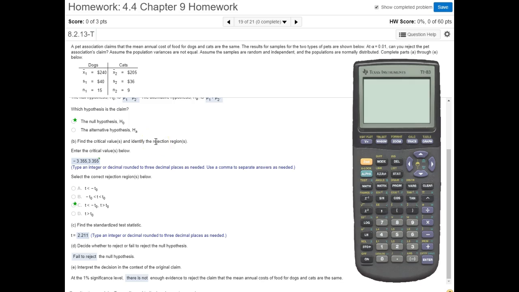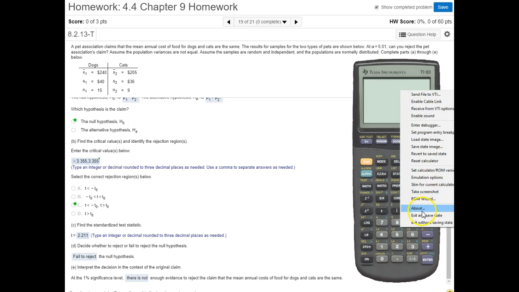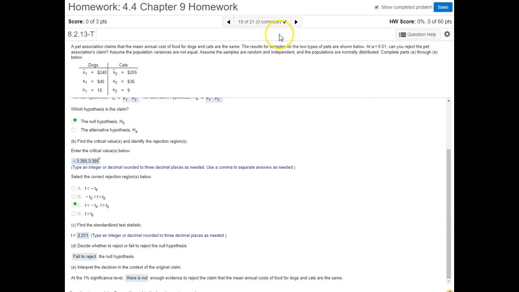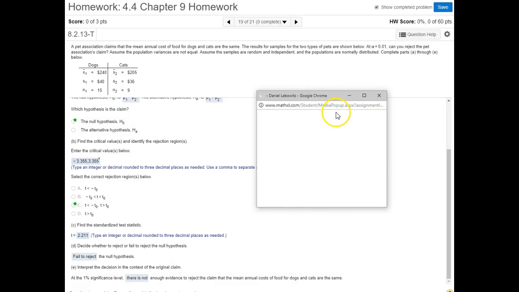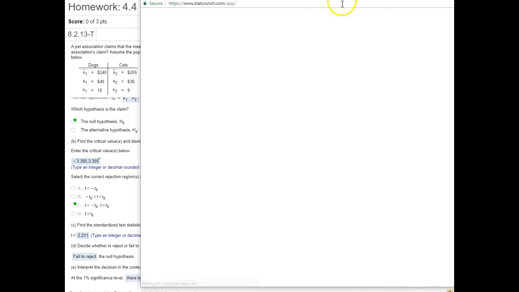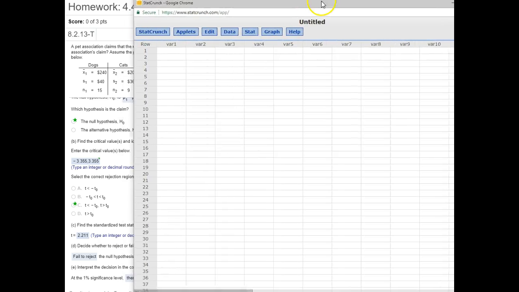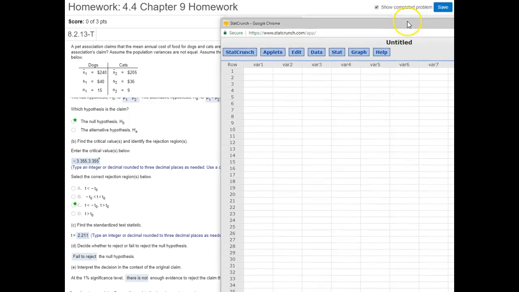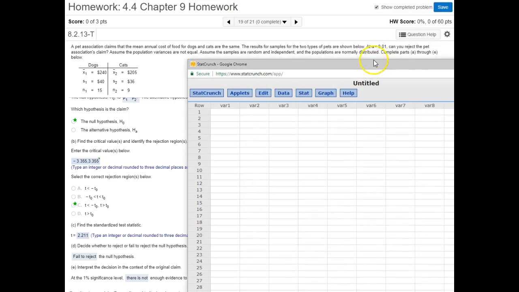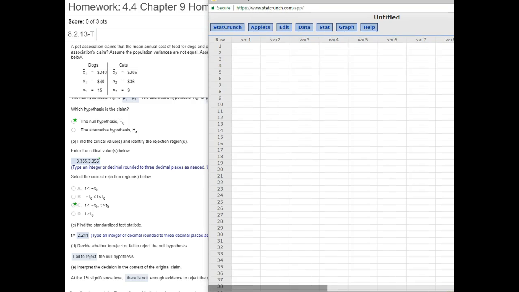So the critical values, we will want to use the T calculator in StatCrunch. Oh, wait, I don't know why I have this calculator up. Let's just move that right there.